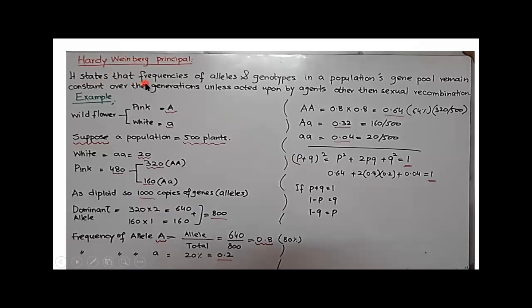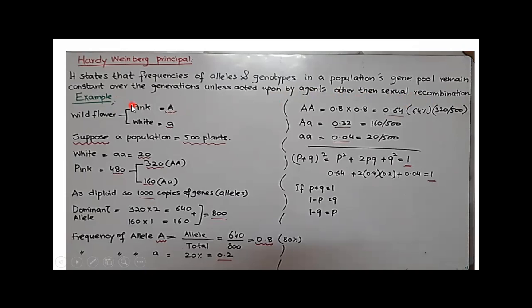It states that frequencies of alleles and genotypes in a population's gene pool remain constant over the generations unless acted upon by agents other than sexual recombination, for example migration or non-random mating and other factors also.